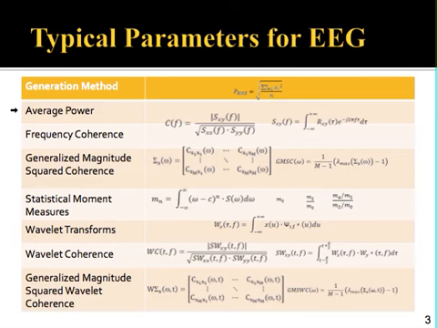So you would have 4 bands in which you calculate average power. And it's also typically calculated for every probe location. So what that means is on a 64-channel EEG system, you would have 64 channels and you would have 4 average power numbers per channel because you have 4 frequency bands. So that means you're dealing with 256 numbers.